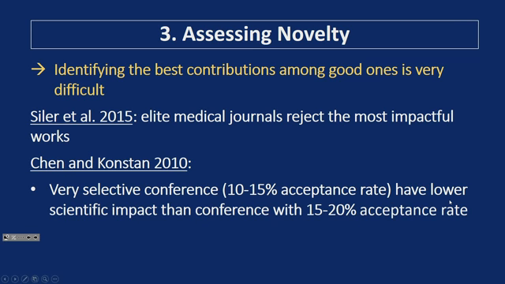In another study examining scientific conferences in computer science, it was found that the more selective the conference, the higher the average impact of its articles, but this is not true for very selective conferences with an acceptance rate below 15%, which tend to have a lower scientific impact than conferences with a 15-20% acceptance rate.